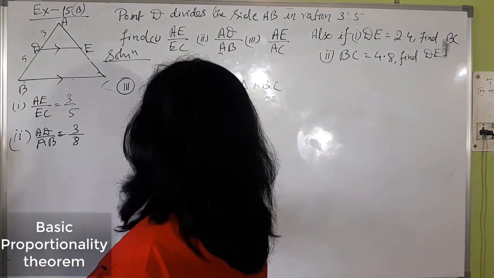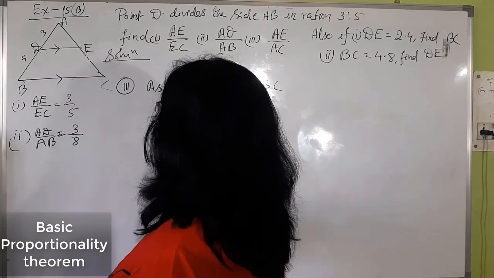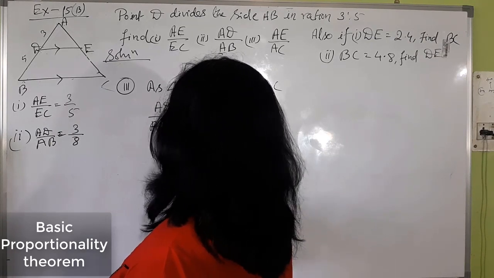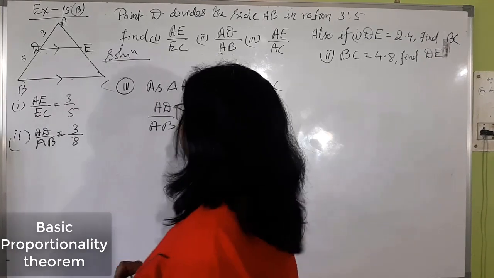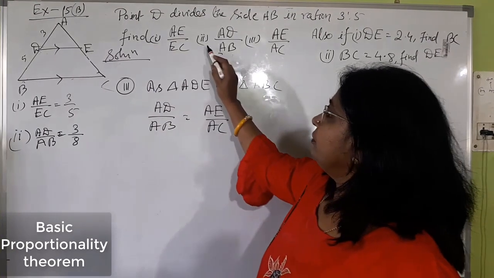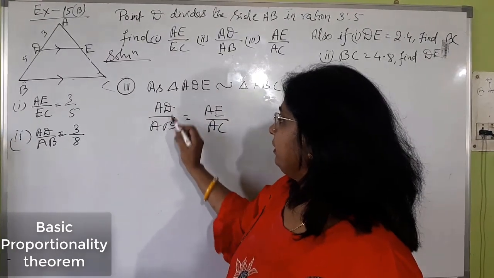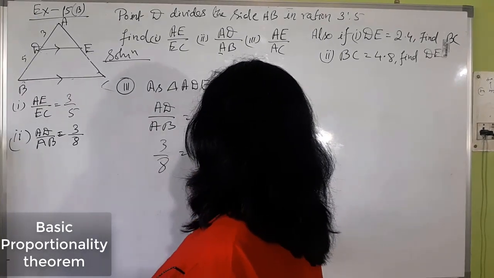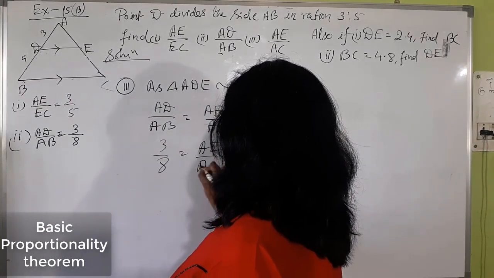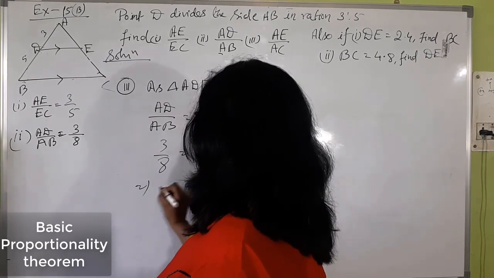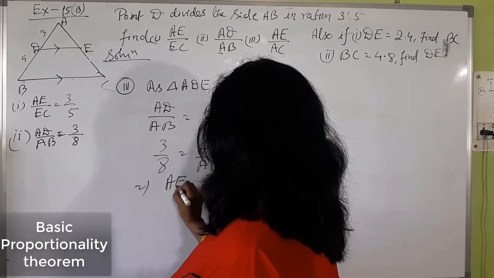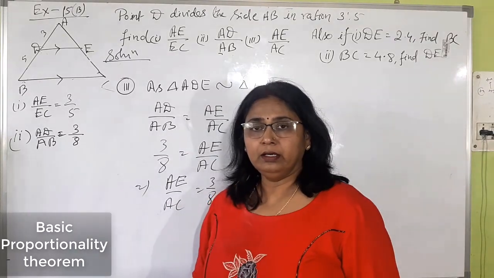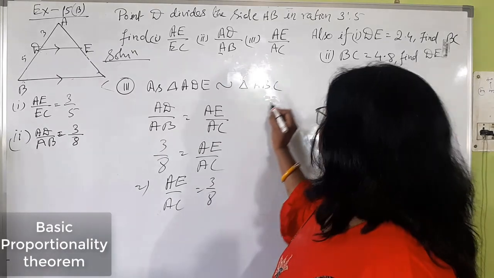That's why AD by AB is equal to AE by AC. And from the second number I already got AD by AB is equal to 3 by 8. So 3 by 8 is equal to AE by AC. So the third number is AE by AC is equal to 3 by 8. Understand? Okay.